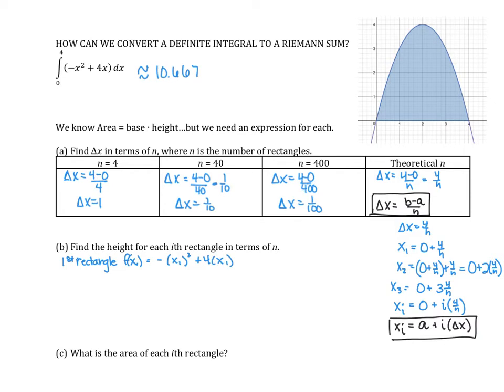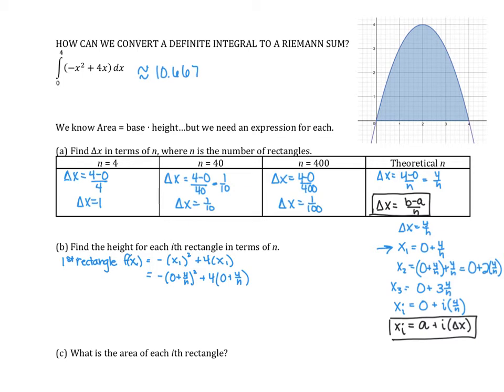Well, we know what x1 is. We know that x1 is 0 plus 4 over n. So there's my first term. So that would be the y value. That'd be the height of that rectangle.